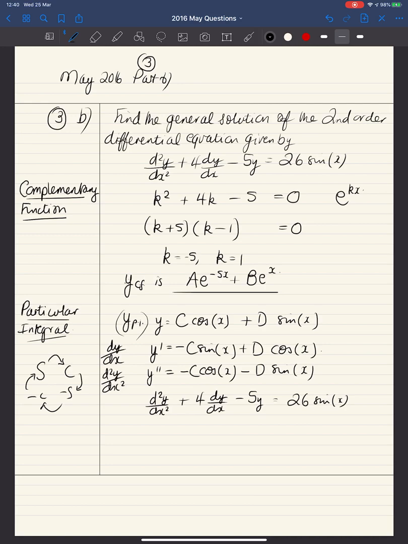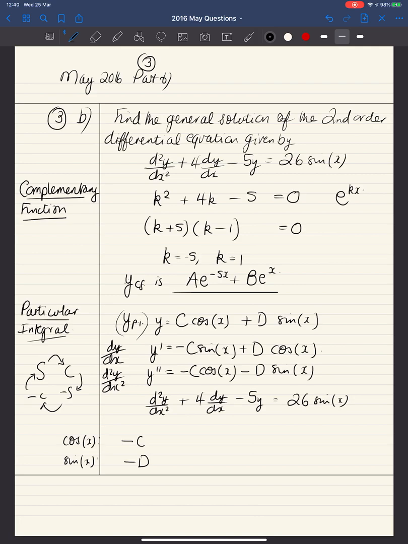If I put all the cos x's in one line and then all the sine x's in the other, it's a bit neater. d2y by dx squared, y double dashed, is minus c for the cos x, minus d for the sine x.